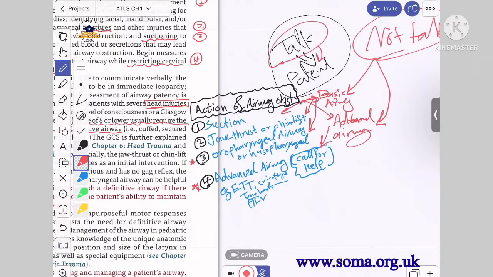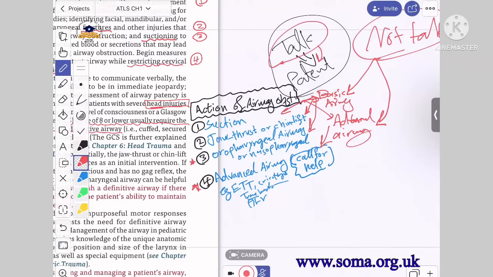Again, what's your action? If you suspect an airway problem, first, do suction for the mouth. Number two, do jaw thrust and chin lift. But again, keep the neck in a natural position. Do not do any manipulation of the neck.